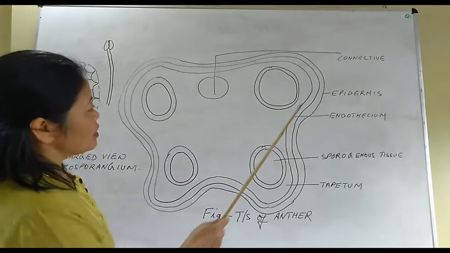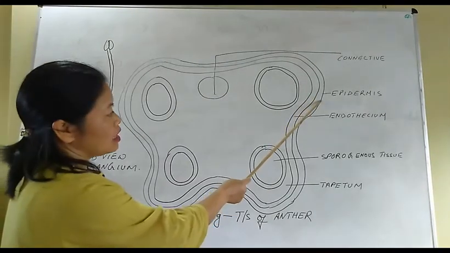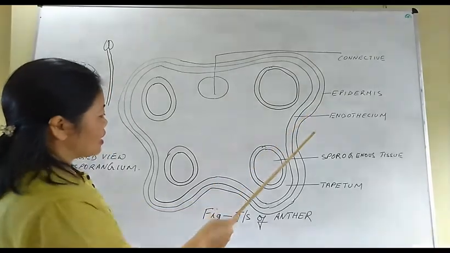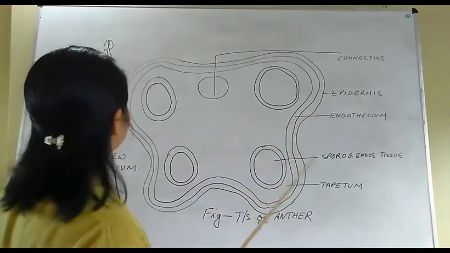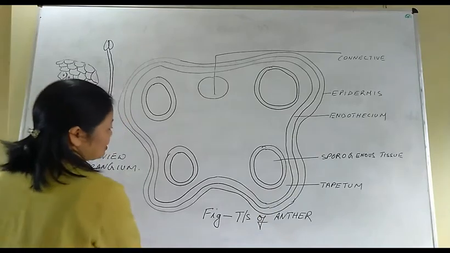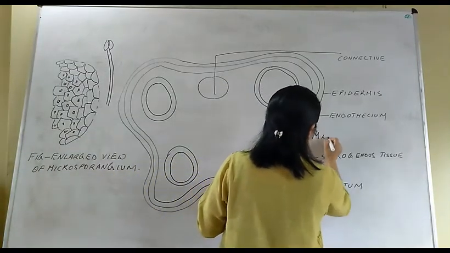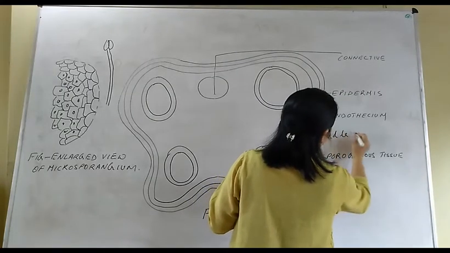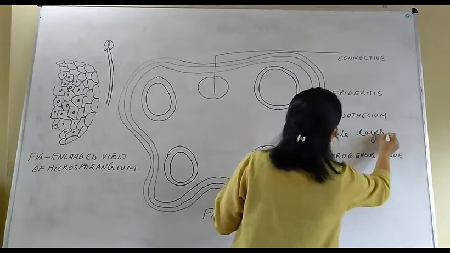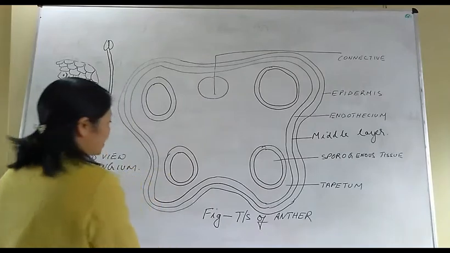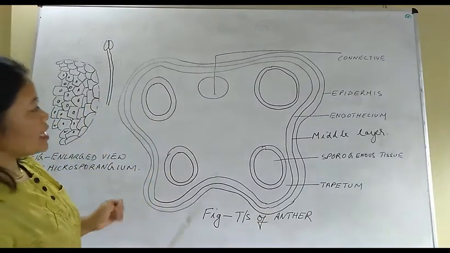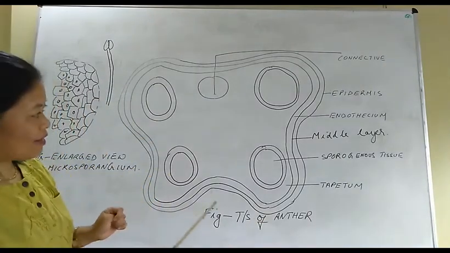The first one is epidermis. The second one is the middle layer. I think I have not shown. Middle layer. Okay, it is surrounded by four walled layers.